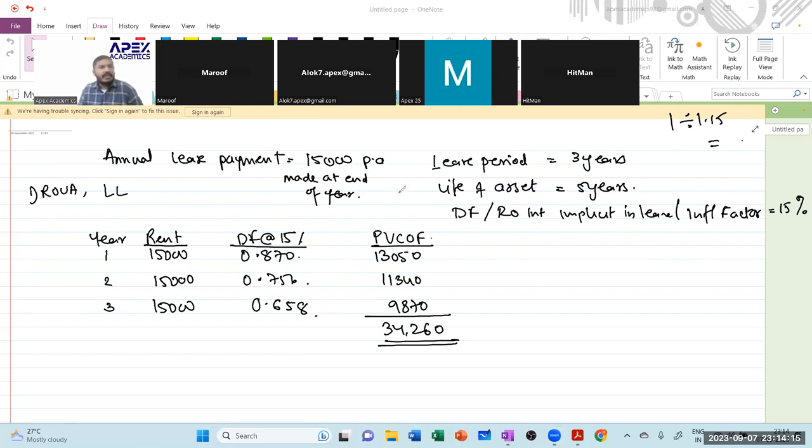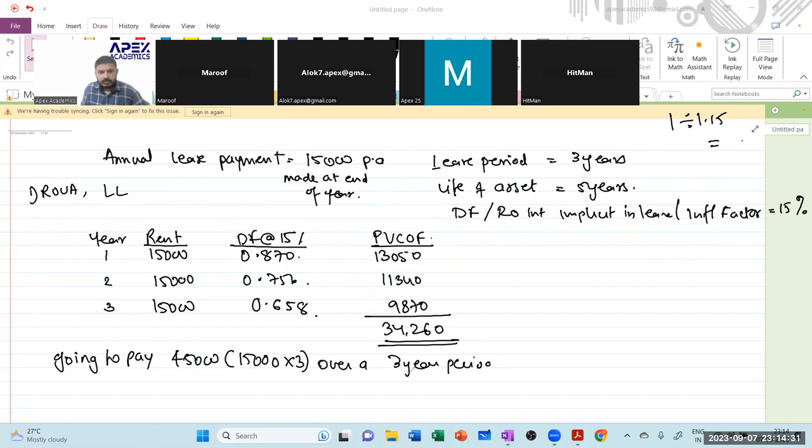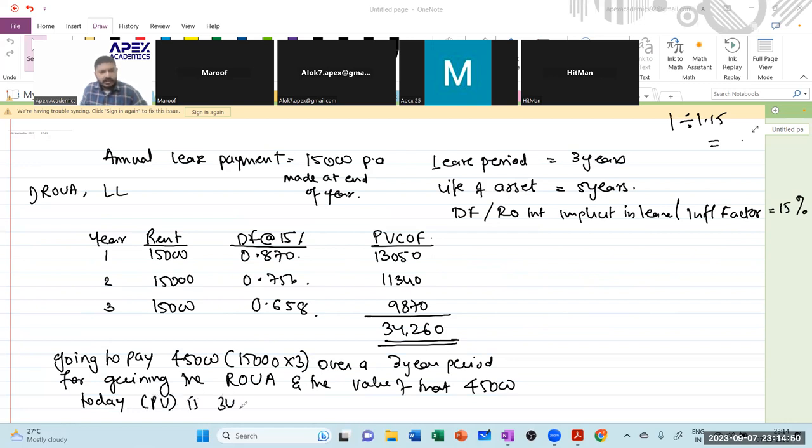Now what happens is, you are essentially going to pay 45,000 over a 3-year period for gaining the right of use of the asset, and the value of that 45,000 today, that is its present value, is 34,260.